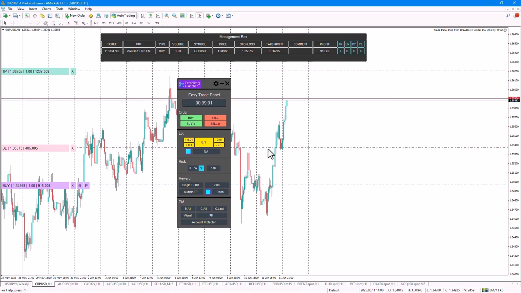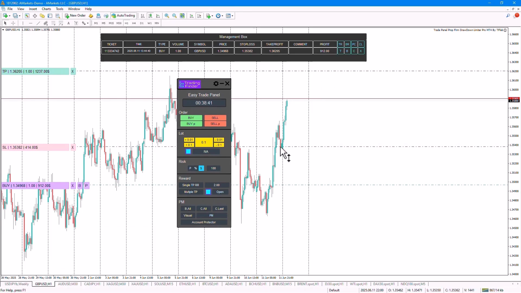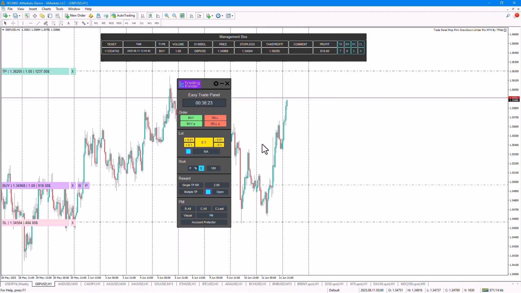By adjusting the trailing stop amount, if the stop loss is moved, we see that it automatically enters our profit range and the trailing stop is executed for us.